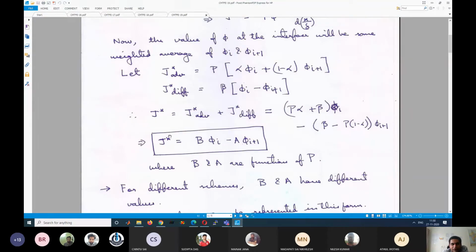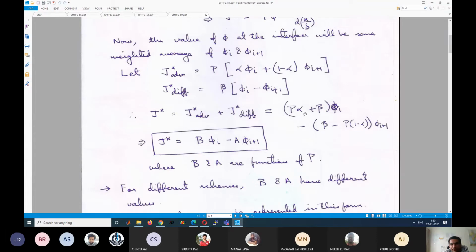So we can see that the overall J star is also a function of phi I and phi I plus 1, where I can write the weights as B for phi I, where B is P alpha plus beta, and A for phi I plus 1, where A is beta minus P into 1 minus alpha.